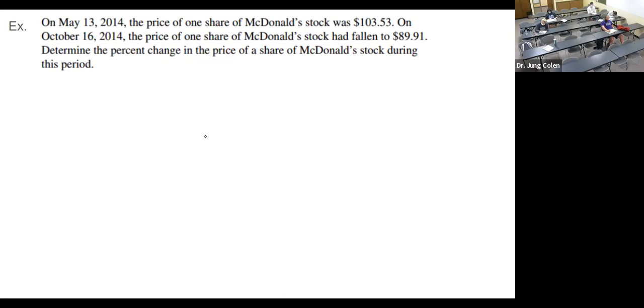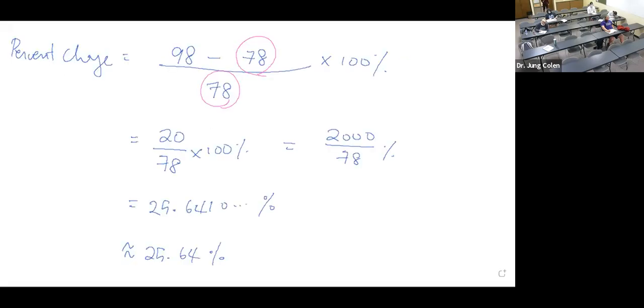Okay, tell me how you solve this problem. How about Gavin? So you're going to start with 103.53 minus 89. Hold on. So this is May 13, 2014, and from that to October 16, 2014.